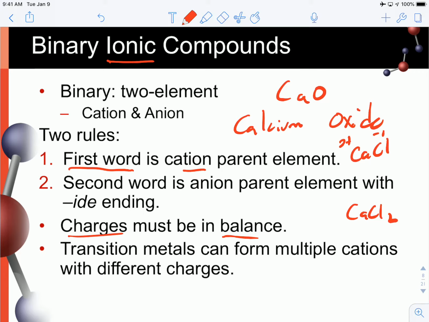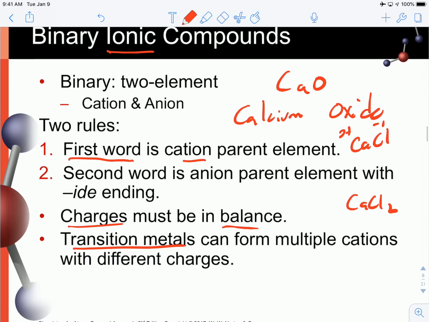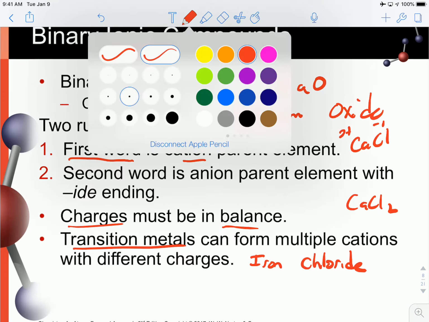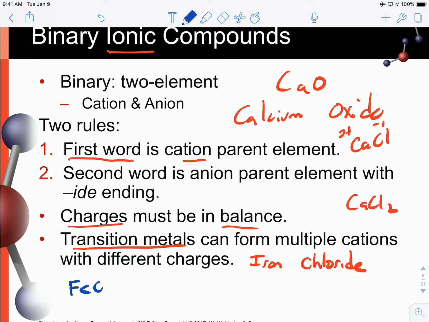Now, transition metals. They can form multiple charges. You saw that in, I think it was Chapter 2. We had a periodic table with those charges, and they asked you to start getting familiar with that. As a result, we have to name those and let people know which cation we have. So if I were to say iron chloride, no one would know if in fact that iron chloride is this or this.